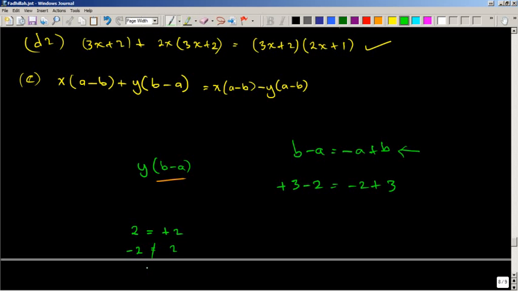This is not the same. This is wrong. But 2 is equal to plus 2. When you see a number without a sign, that is basically a plus. Plus is there, only it is not shown. If you see minus 2, you cannot hide the minus. You can never hide minus. The plus sign you can hide, as long as there is no number in front of that plus sign.